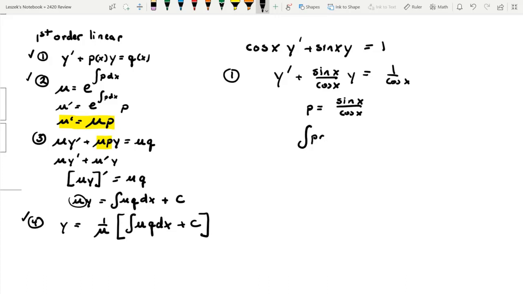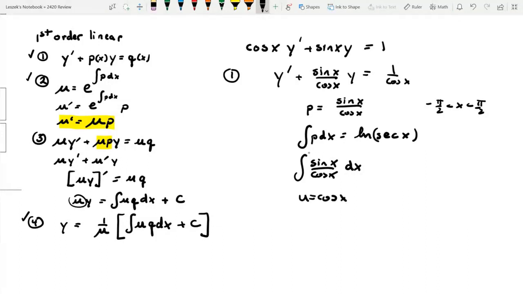The antiderivative of p is log of secant. I'm going to assume that x is between negative pi over 2 and pi over 2. Okay. So if you don't know how to get that antiderivative, I guess I should just say it. It's a u sub.